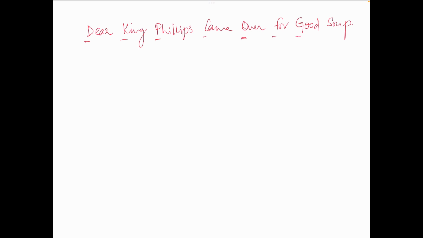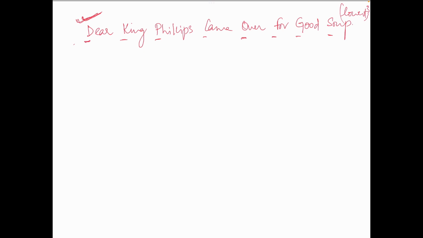The mnemonic was: Dear King Phillips came over for good soup. The first letter of every word is also the first letter of our taxonomic category. It is in this order. This is the highest rank and this is the lowest rank.